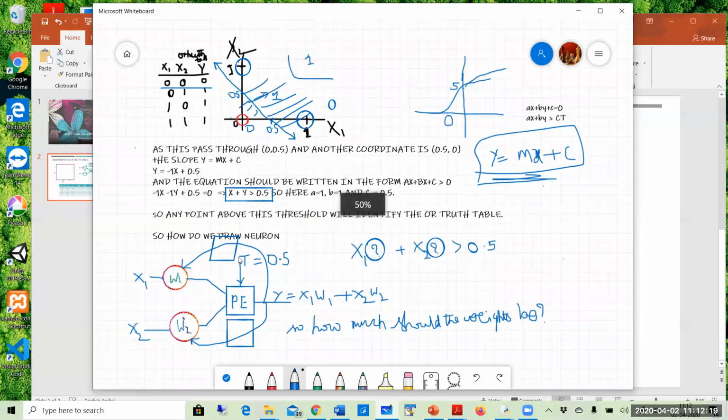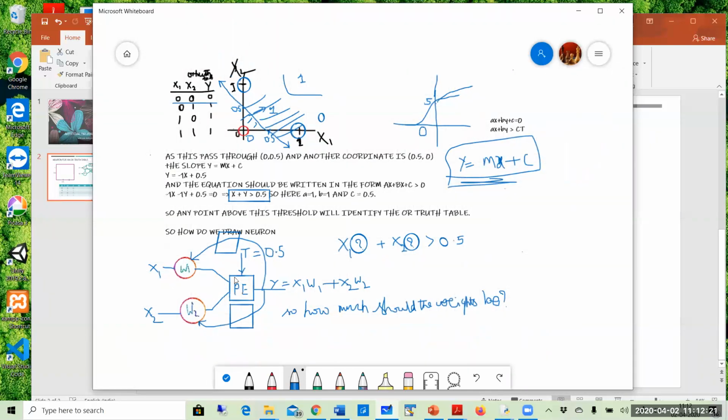Now if I try to draw this, this is the processing unit, wherein I give x1 and w1 some weightage and it goes through this processing unit, which has its own threshold doing this part of the equation.